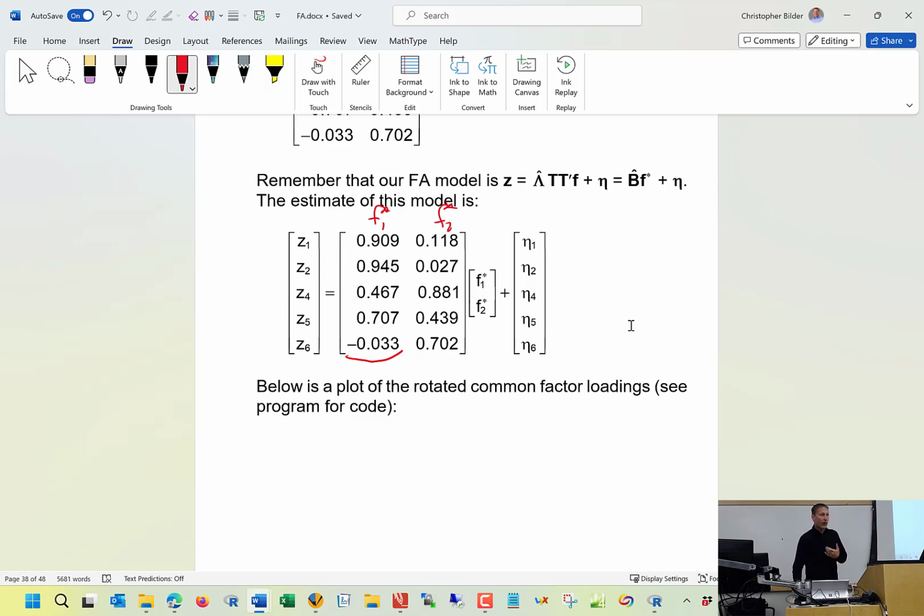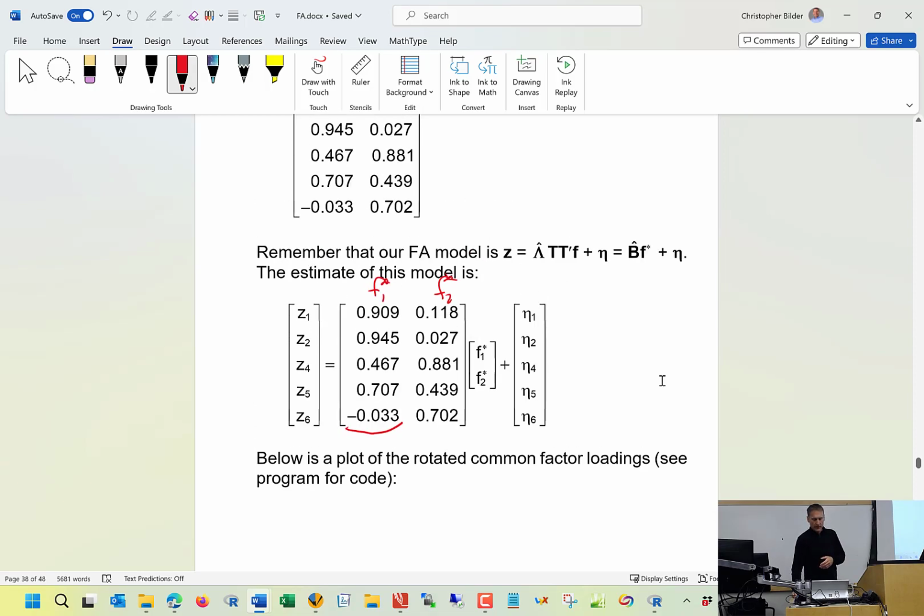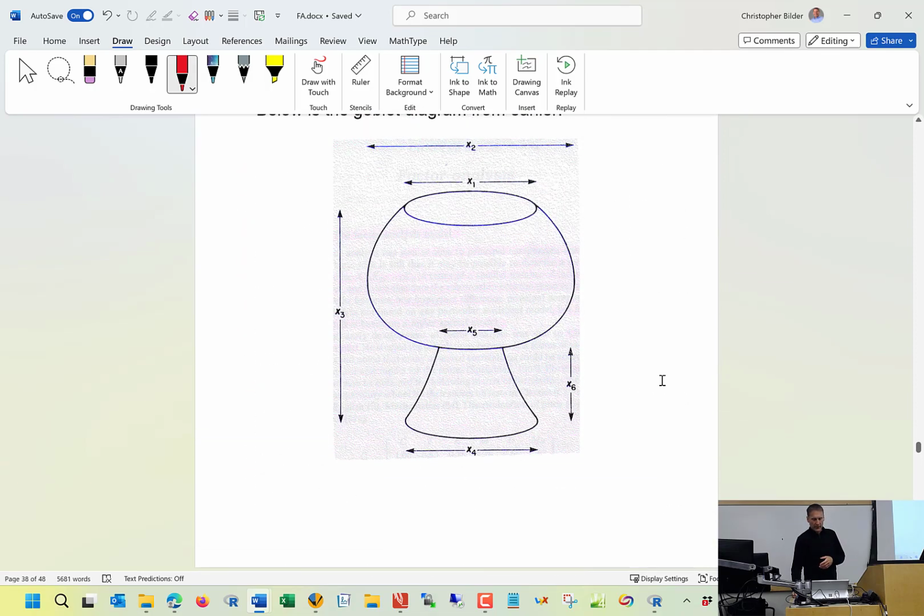Z4 and Z5, though, are also related to common factor 1. So let's think about what that means in terms of this goblet. Z6 is the only thing that's not really playing a role. And so what we can see here is common factor 1 is representing essentially the width of the goblet.